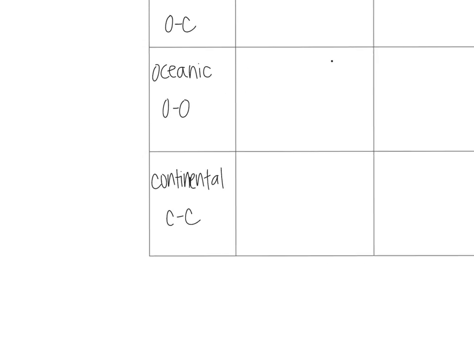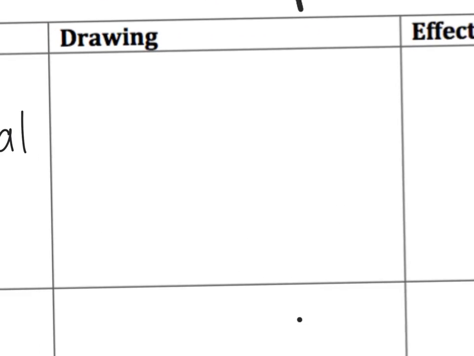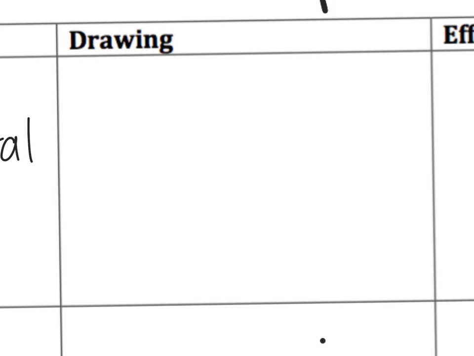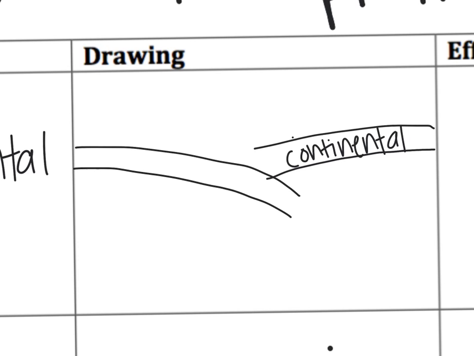All right, so with the oceanic and continental, let's draw our picture. So grab out your colors again. I kind of already drew this for you, so maybe this will look a little bit familiar. So this is our continental crust, and this is our oceanic crust. And if you realize what's happening here, this is moving together.